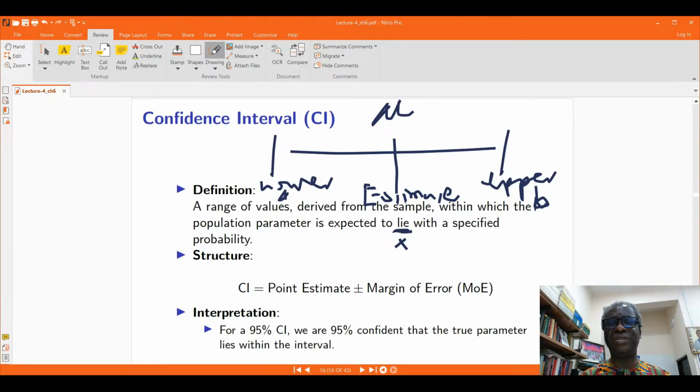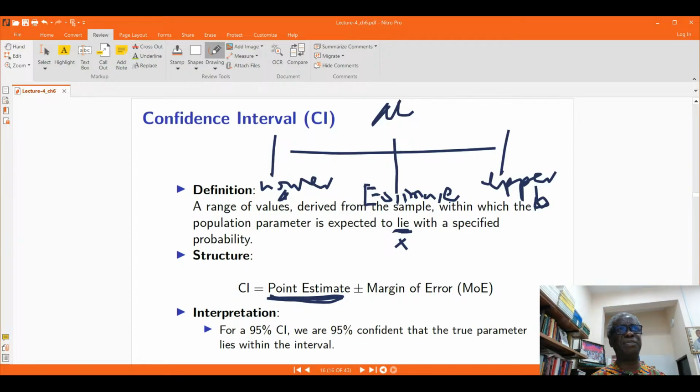But this is your estimate, the point estimate. So for you to even compute a confidence interval, the starting point is to compute the point estimate. In the case of population mean, the point estimate is the sample mean.